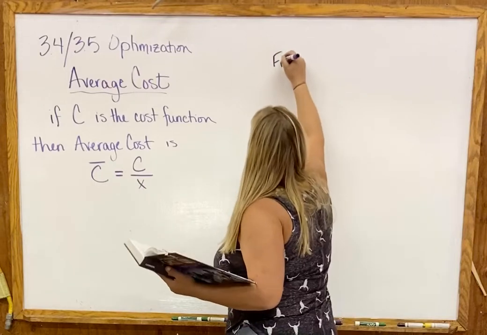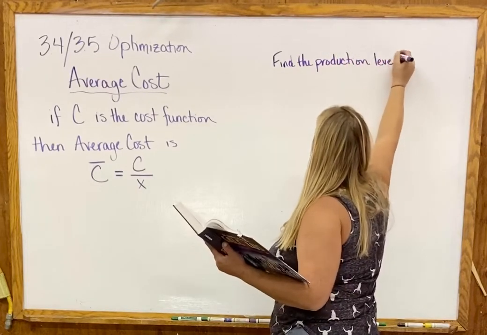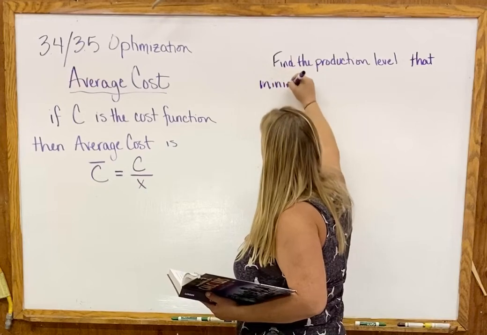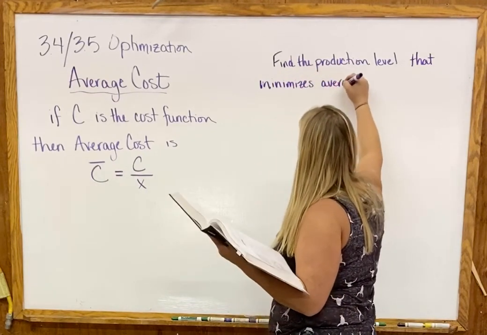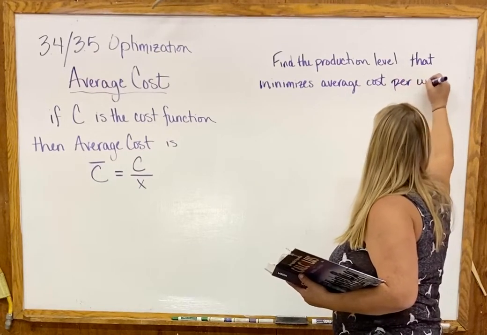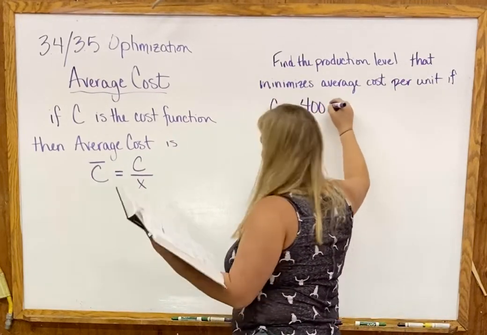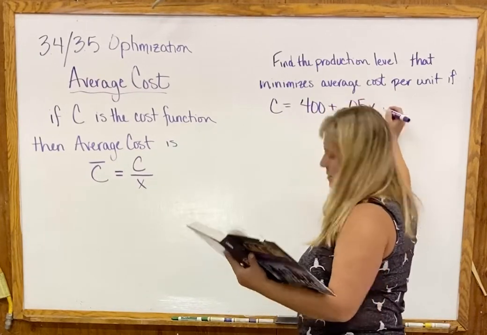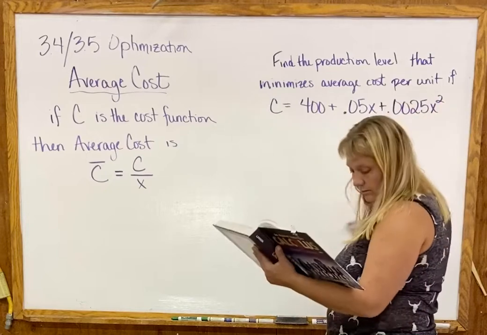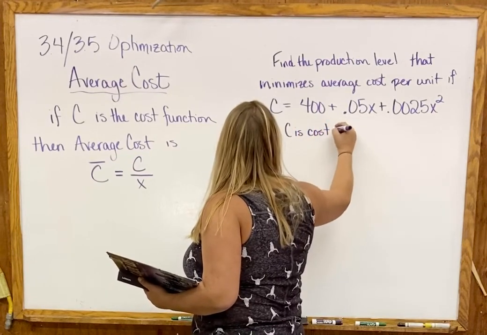So this says, find the production level that minimizes average cost per unit if C equals 400 plus 0.05x plus 0.0025x squared, where C is cost in dollars.